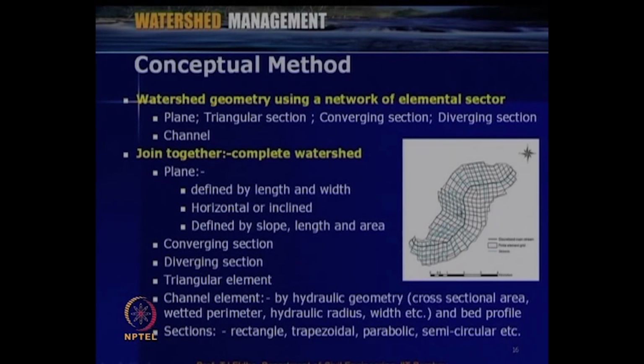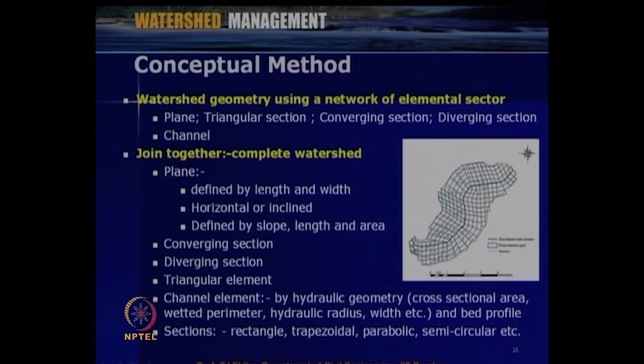Many times it will be better to use a triangle element, so that you can easily represent the irregular shape of the watershed. As far as the channel element is concerned, we consider hydraulic geometry like cross sectional area, wetted perimeter, hydraulic radius, width, etc.